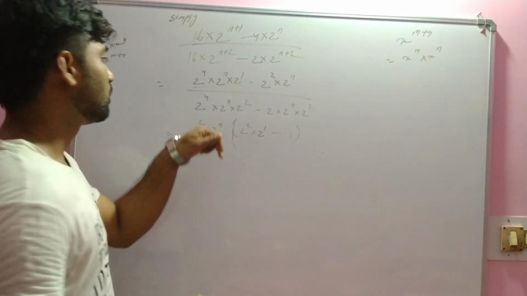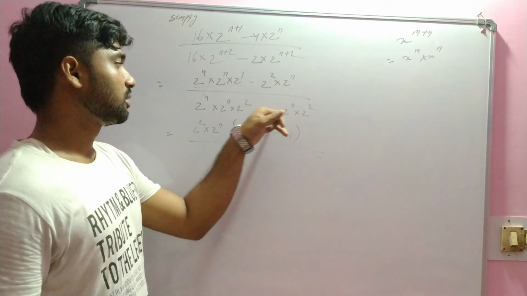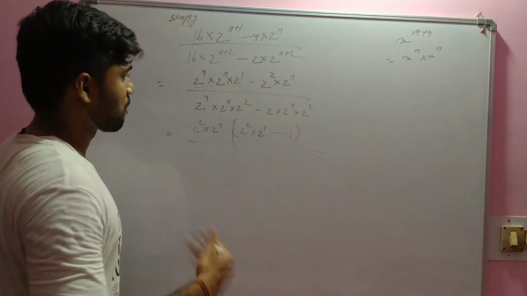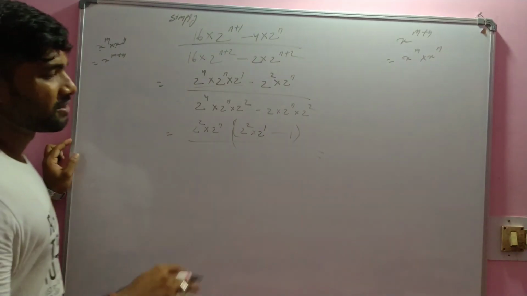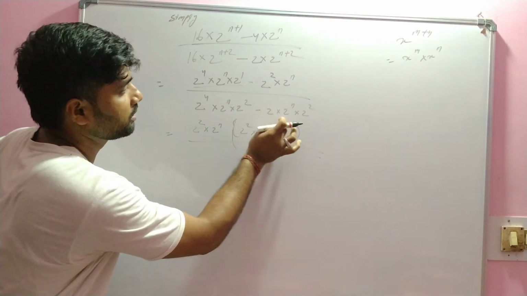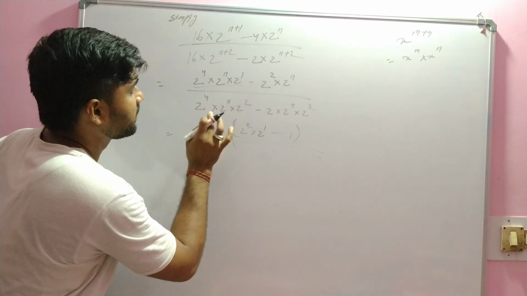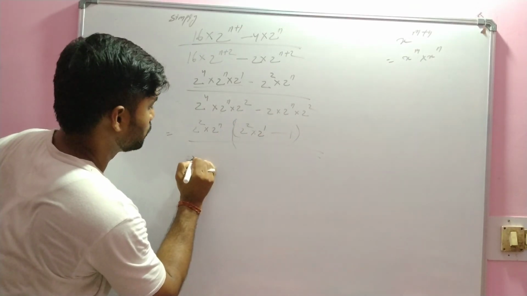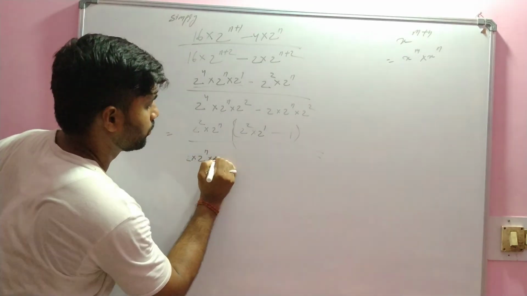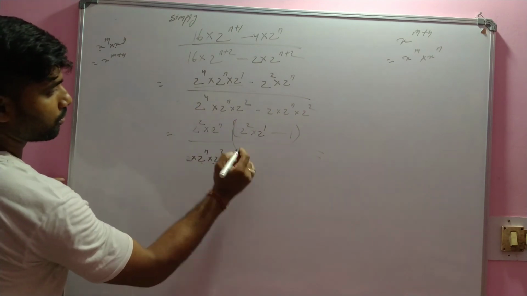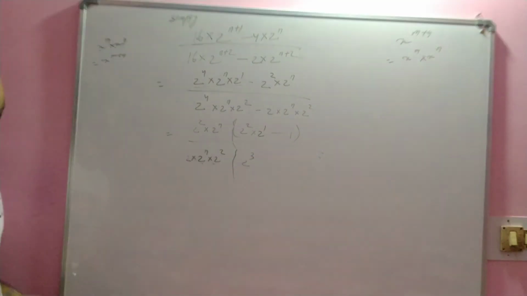Tell me what we can take as a common factor in these two terms. 2 to the power n, 2 to the power 2 common. Yes or no? But here is 2 to the power 4. So 2 to the power n into this one cancels, and 2 to the power 2 is left.